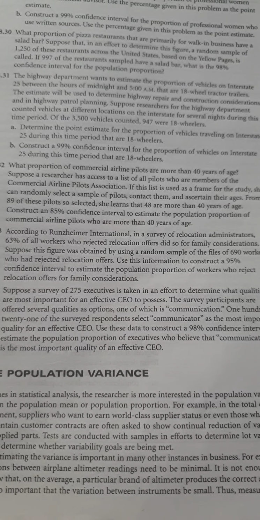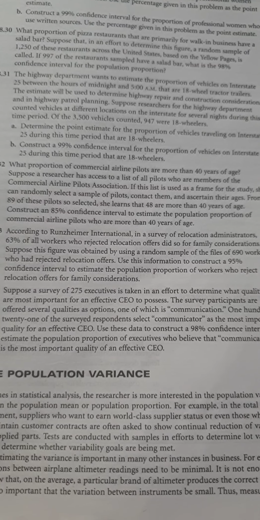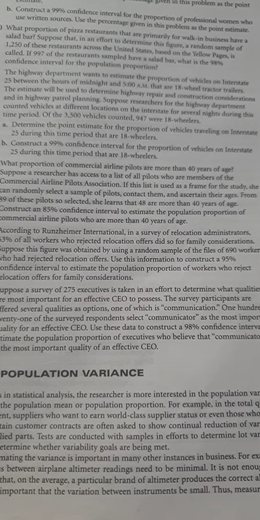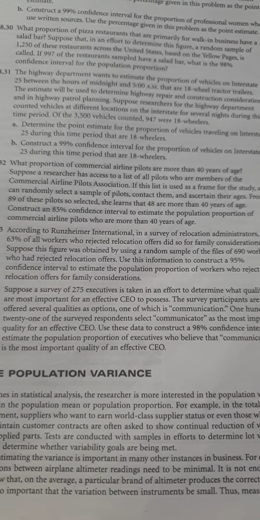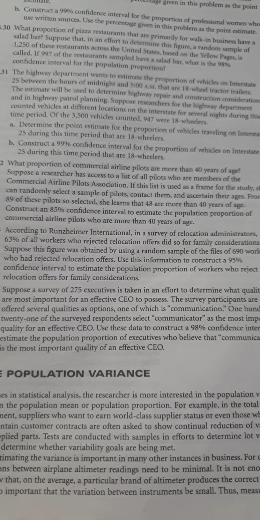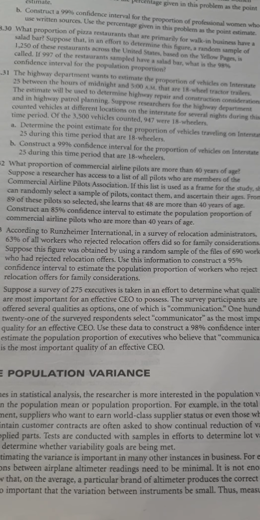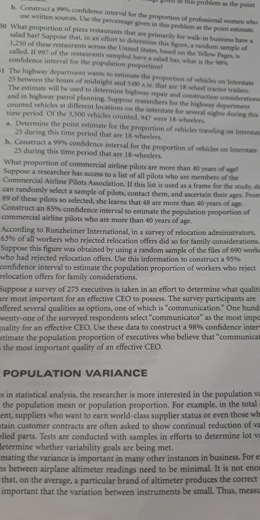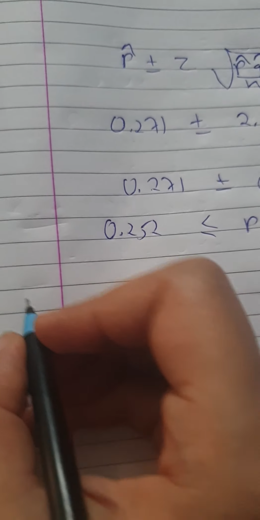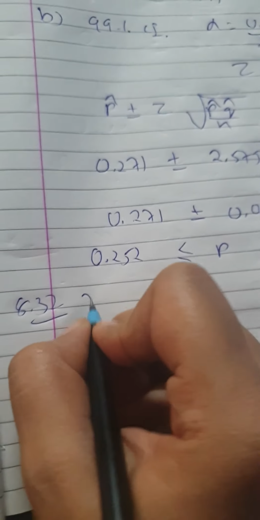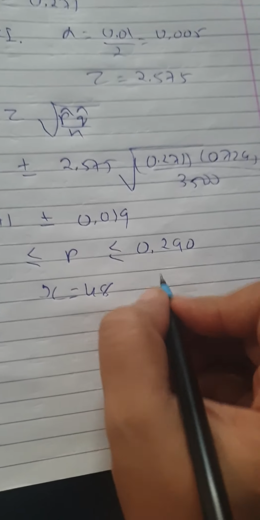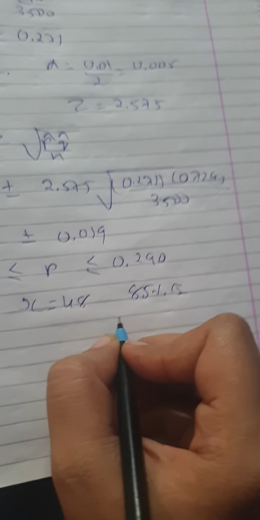From the 89 pilots so selected, small n equals 89, she learned 48, x equals 48, are more than 40 years of age. Construct an 85% confidence interval to estimate the population proportion of commercial airline pilots who are more than 40 years of age. N equals 89, x equals 48, 85% confidence interval.